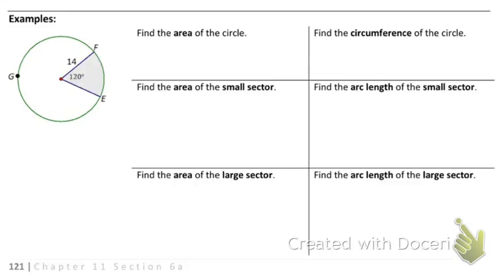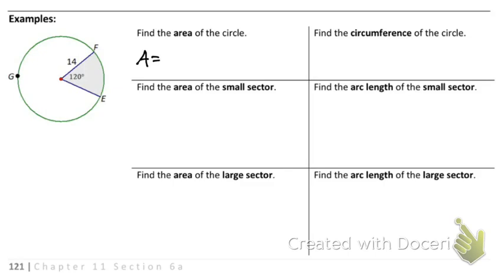All right. Example down here. Once again, I'm going to start with find the area of the circle and find the circumference of the circle. Can someone tell me the area of this circle, the entire circle? It's 360? What'd you say? 360. Not the degrees, area.